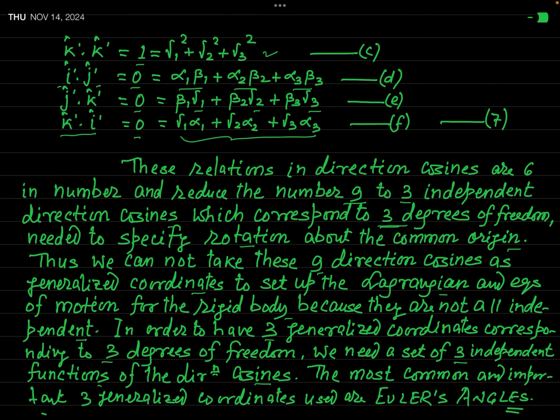In describing the motion of a rigid body, the most convenient, most popular, and widely used sets of 3 angles of rotation used as generalized coordinates are called Euler's angles.